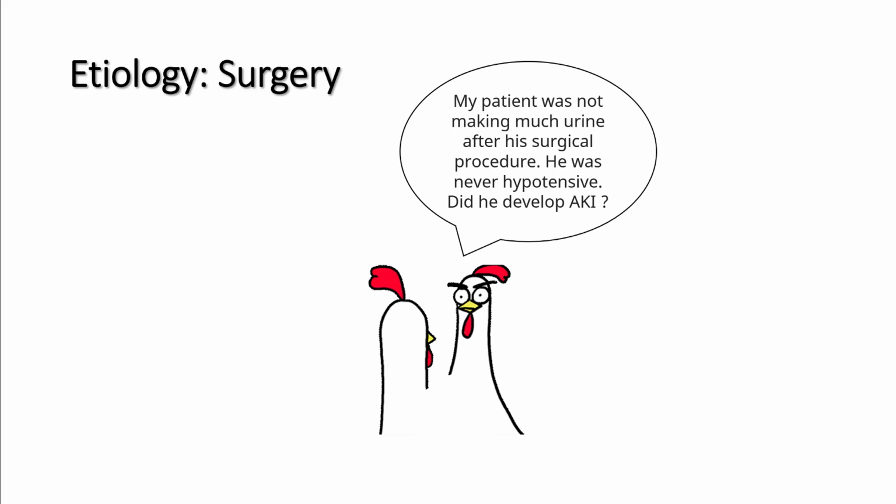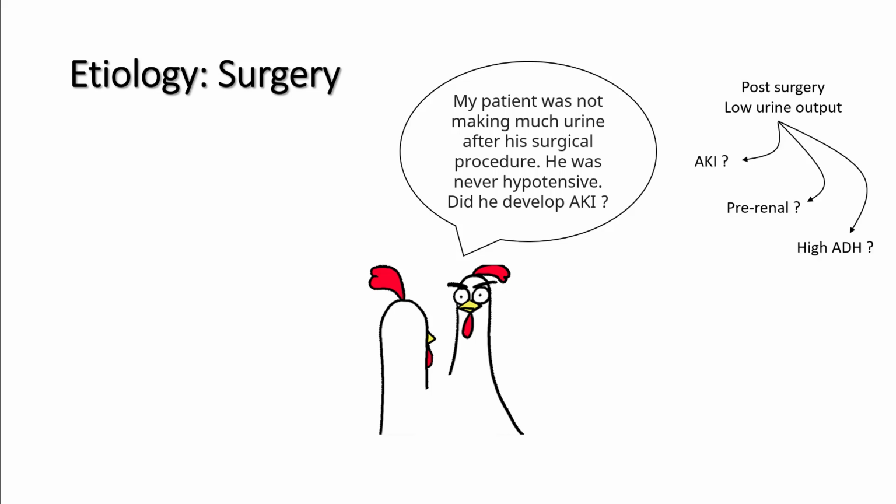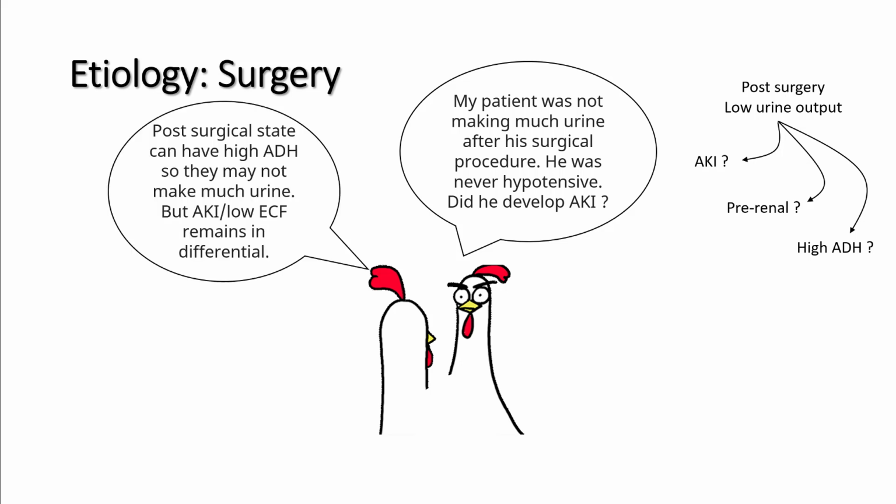Post-op high ADH state is pretty common, and patients present with decreased urine output. Whenever you have decreased urine output in a post-surgical patient, there are usually three reasons. Either they have developed AKI because of some hypotension during the surgery, they are pre-renal, that is hypovolemic, or they have a high ADH state from post-surgical stress. How do you differentiate between these conditions? The first step is to rule out a pre-renal cause by giving them IV fluid.